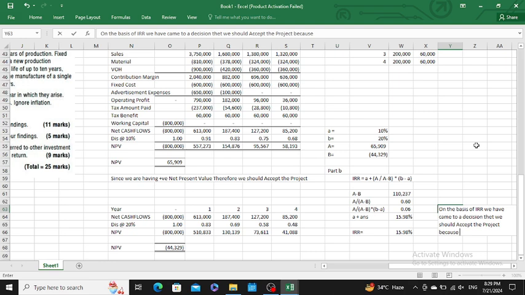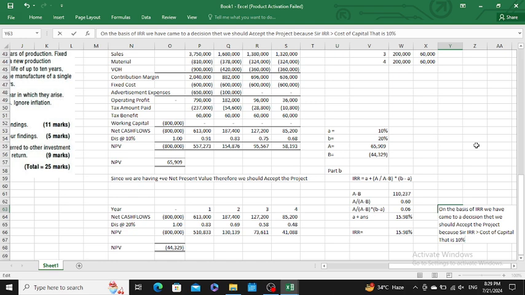because our internal rate of return, IRR, is greater than our cost of capital, that is 10%.